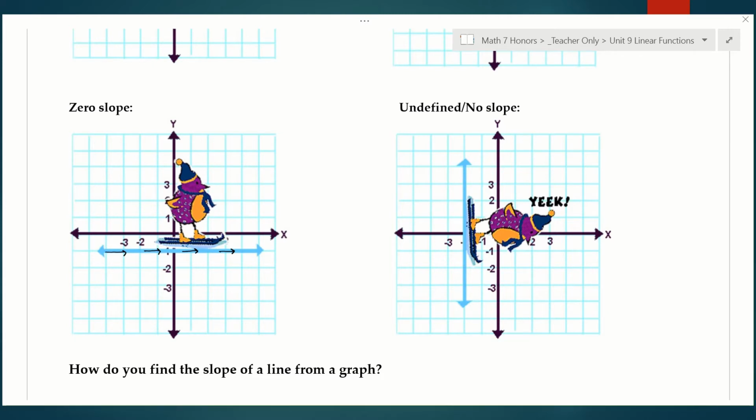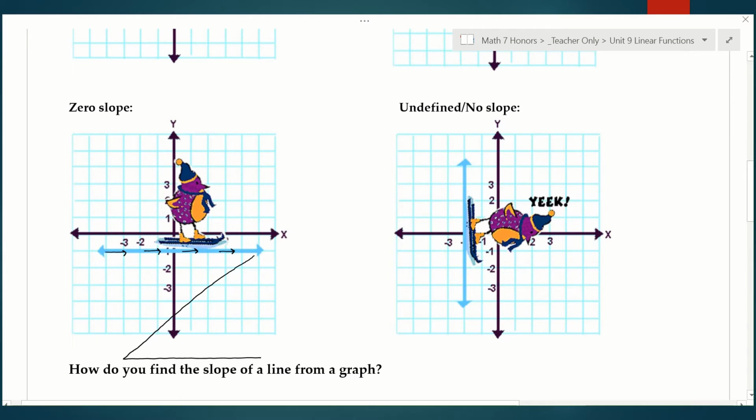And I'll show you mathematically why that works in the examples that we're going to do in a minute. But one way that I remember in school trying to remember the difference between zero and undefined is I would think, oh, I can make this into a z for zero slope. So if that helps you, feel free to use that to remember.